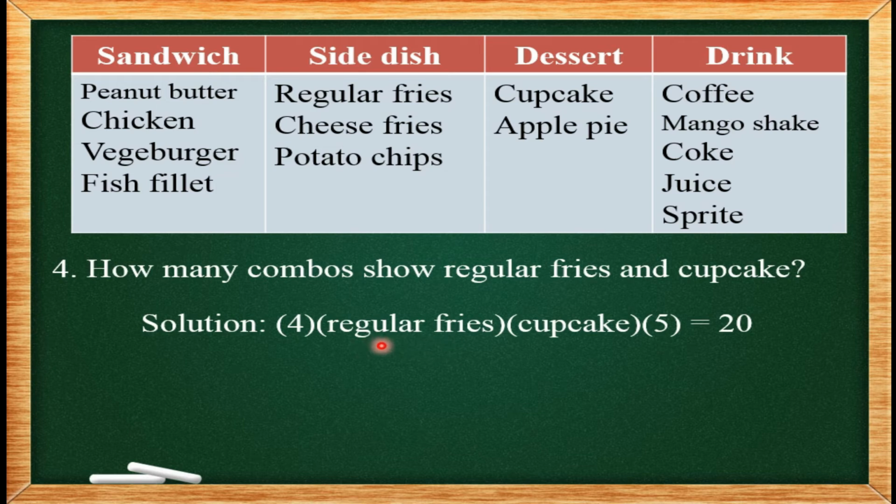Regular fries is already identified. Cupcake is also identified, times 5 drink choices, which will now be equal to 20. That is 4 times 1 times 1 times 5 is equal to 20. N of S is equal to 20.